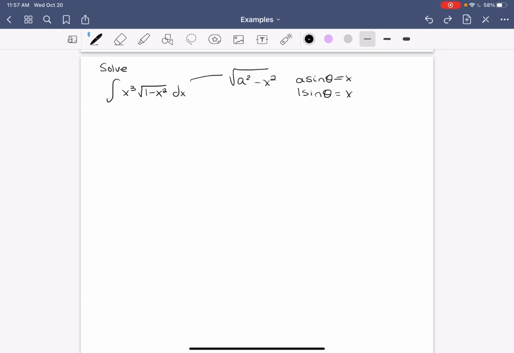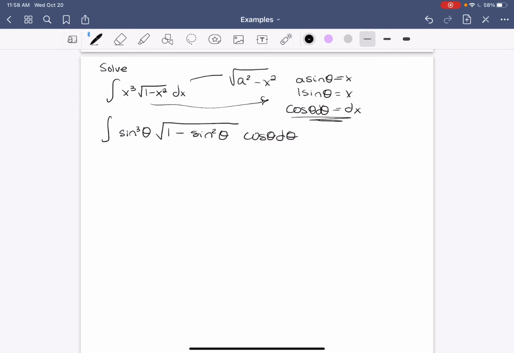Now, the dx of this is cosine theta d theta. Now we can plug this in. So sine cubed theta, remember we got that from the substitution over here, square root of 1 minus sine squared theta, and we're going to use this right here, cosine theta d theta.